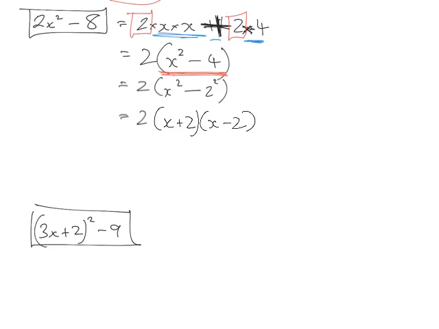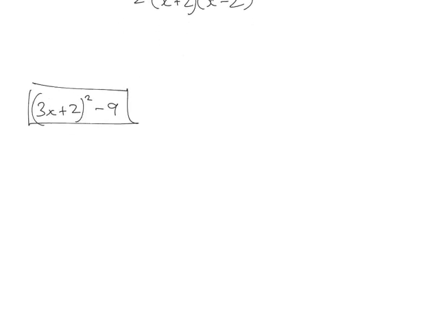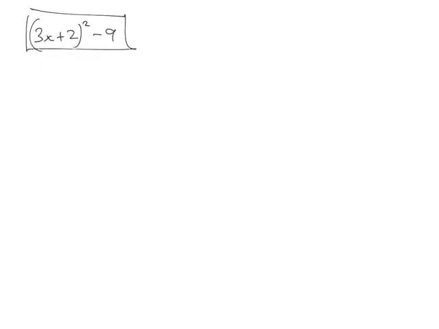The last one here looks a bit tricky, but it applies the same rules. If you notice here, it is something squared take something else squared already. But what is a this time? It's 3x plus 2 all squared take 9, which we have seen already before is 3 squared.